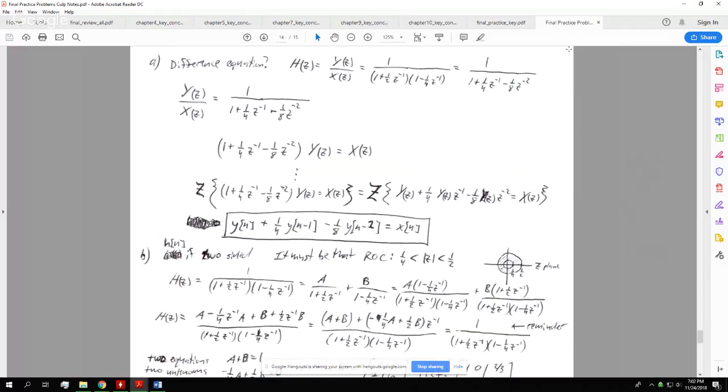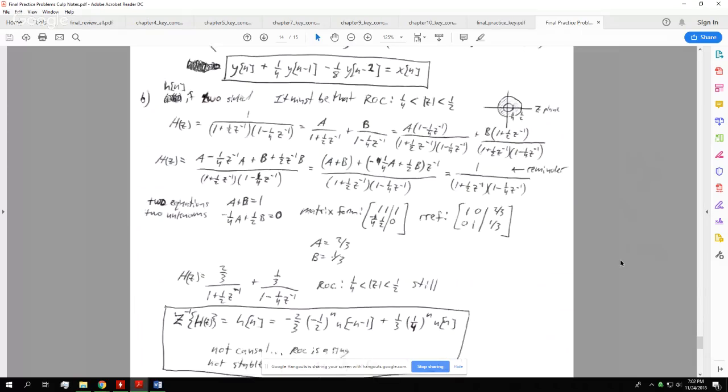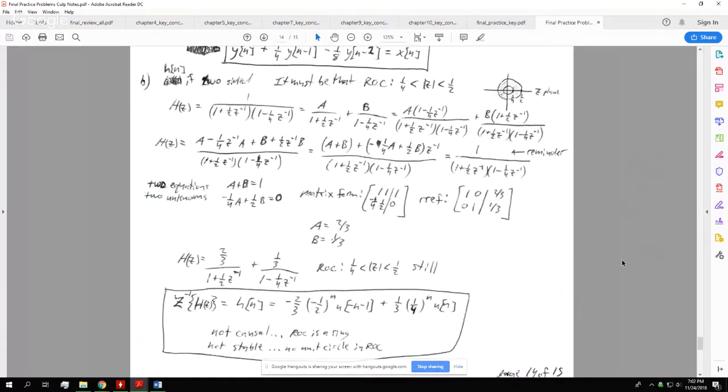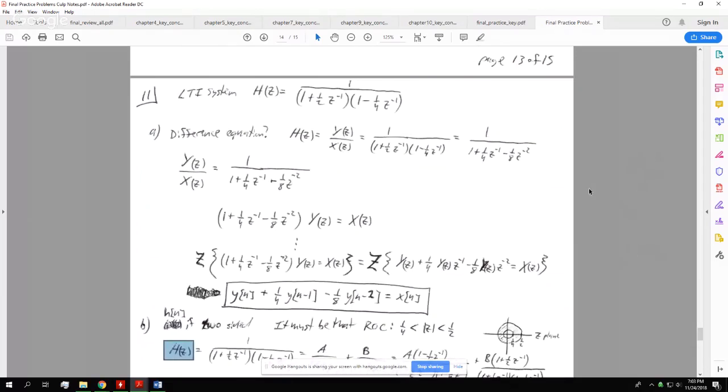So just like on problem 9, we're just going to be using different transform pairs based on those regions of convergence. So part B, I have a lot of scribble here. It looks like it's a little bit more complicated than what I just said, but only because we have to determine h of z in a way that allows us to make easy transform pairs. The way h of z was given to us, there is no transform pair entry on the table for this.